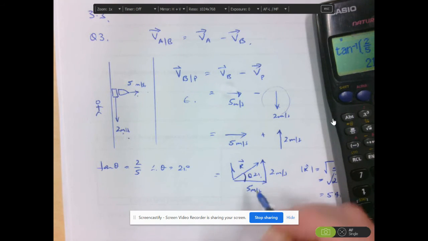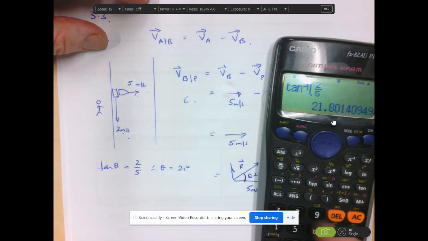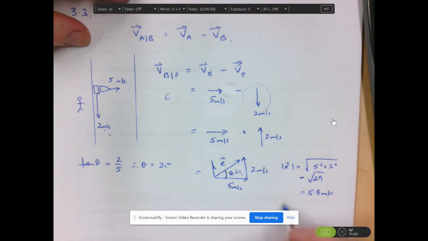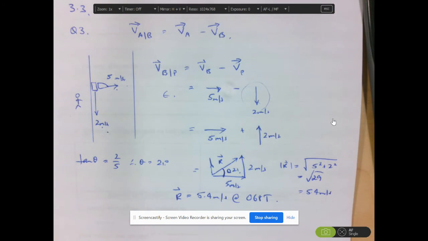And if you want to use a bearing, it would be 90 minus that. That's 68 degrees. So the resultant vector here would equal 5.4 meters per second at 068 degrees true. Okay, so that's question 3.